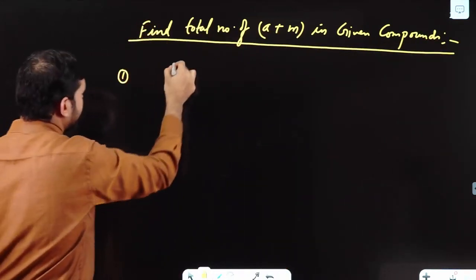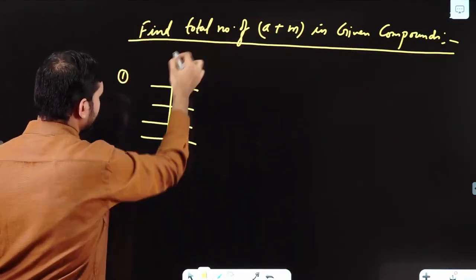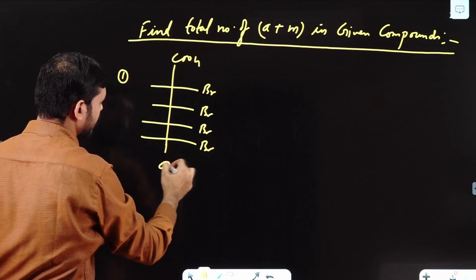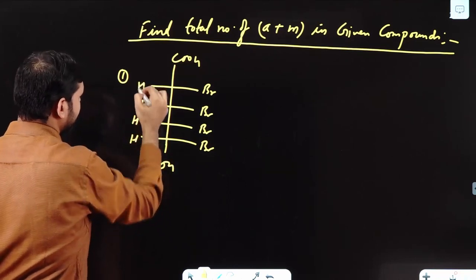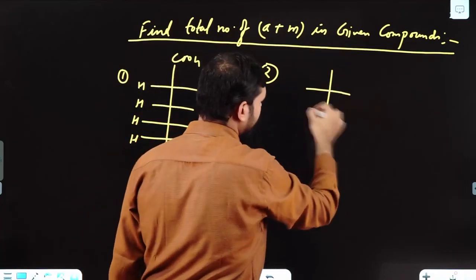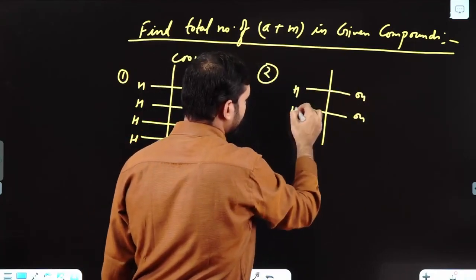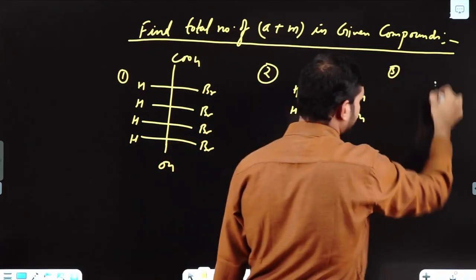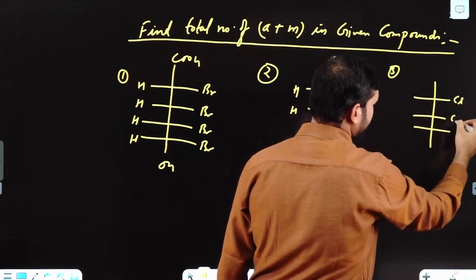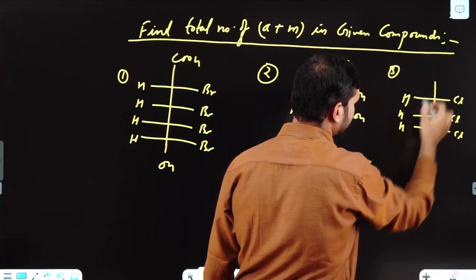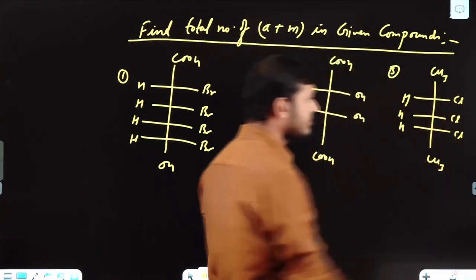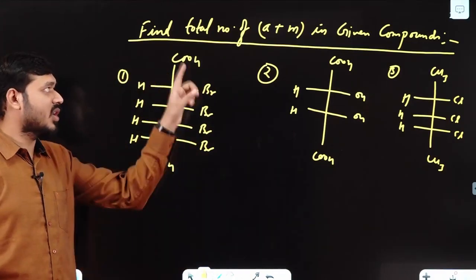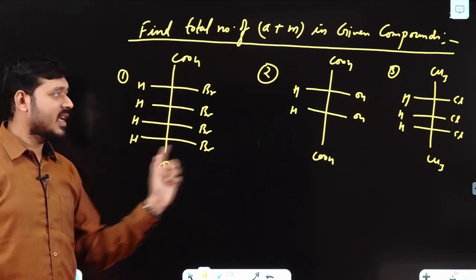Okay, so first case, here you have to find out total number of stereoisomers, or I am telling total number of optically active parts and meso parts in the given compounds.